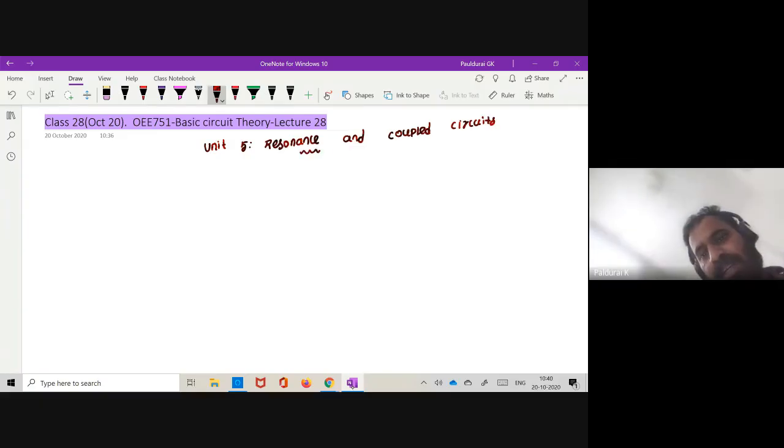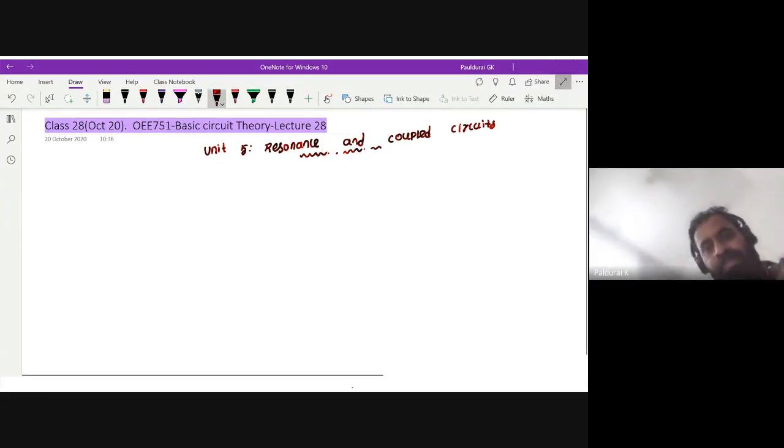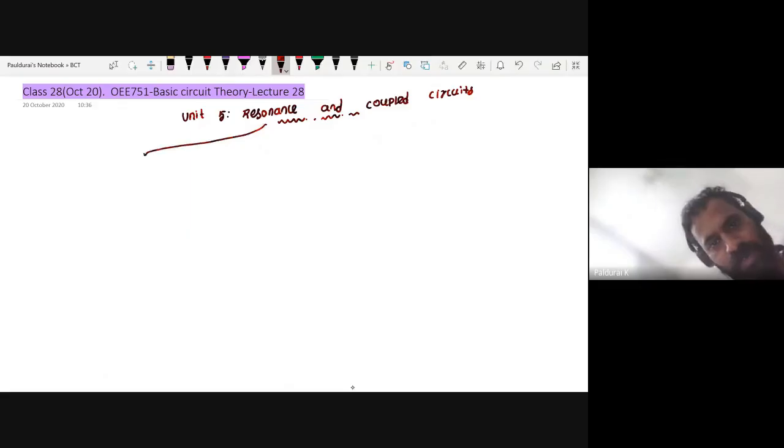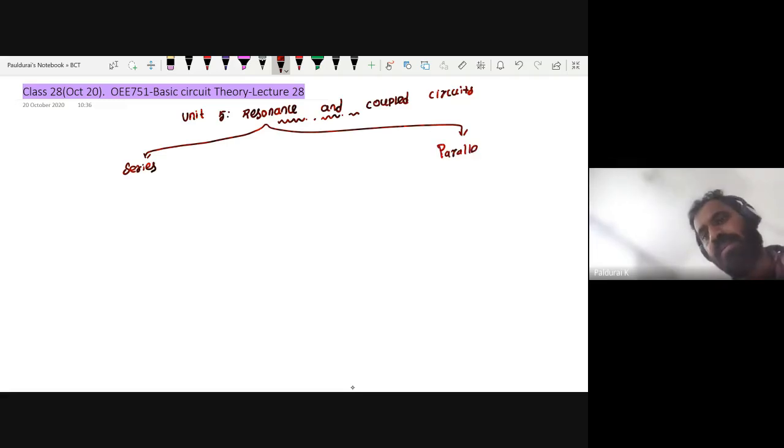I told you earlier, the syllabus overview for resonance. You have two types of resonance: one is series and another one is parallel. First you want to know the concept of series resonance.